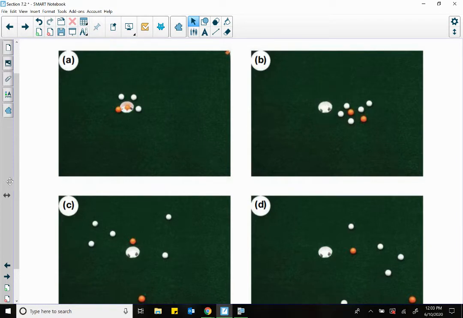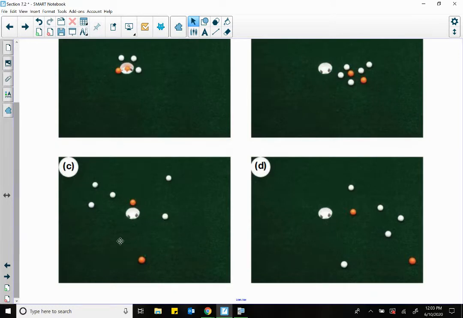Down here, looking at the other two, this is poor accuracy, poor precision, because I've got balls everywhere. I've got them above, below, to the right, to the left, and we're all scattered far away from the hole.